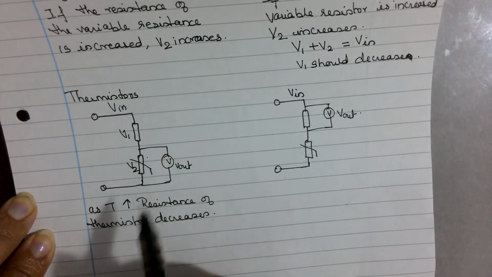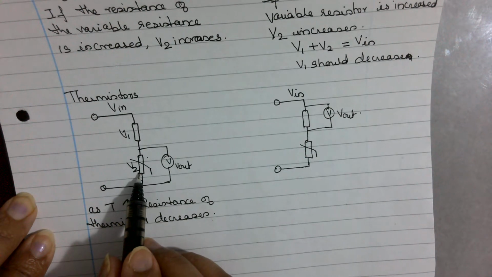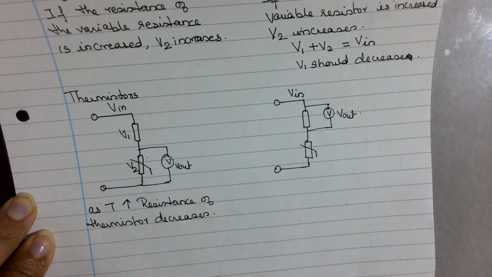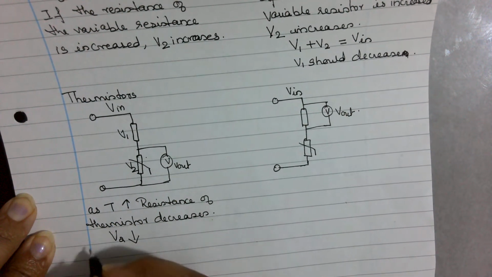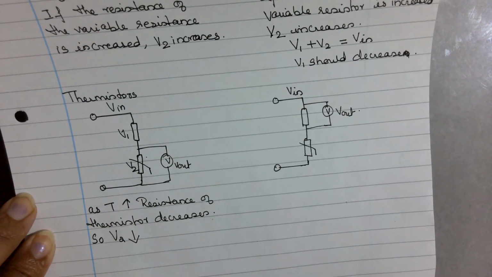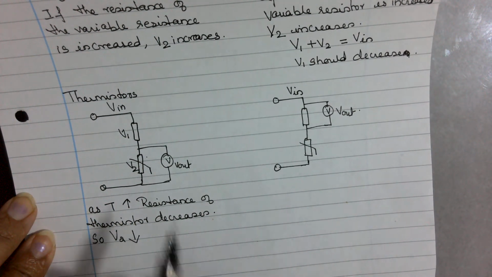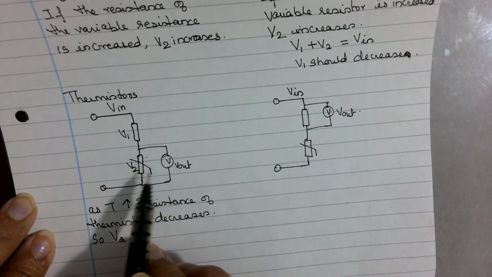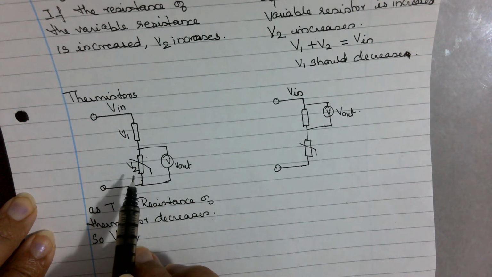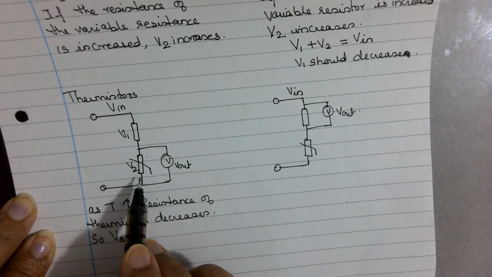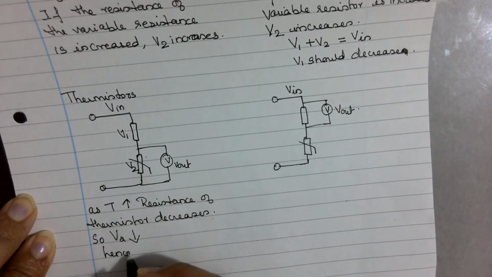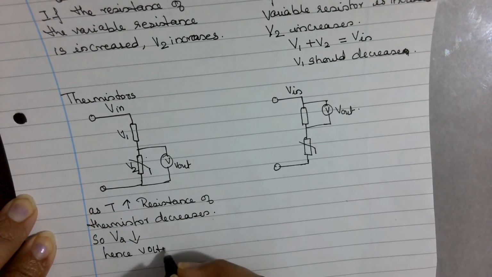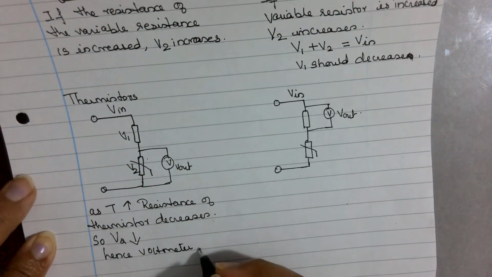If the resistance of the thermistor decreases, what happens to the voltage across the thermistor? That will decrease, so V2 decreases. Here the voltmeter is connected exactly across the varying component, so whatever happens to the voltage there, the same thing happens there. Hence, voltmeter reading increases.